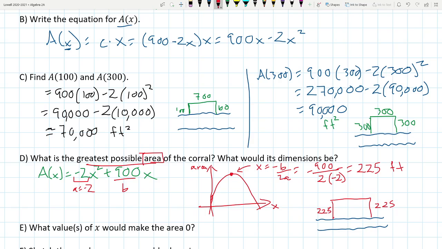On top, remember, we only have 900 feet to play with. We've already used 225 times 2, which is 450. So this piece is going to be 900 minus 450, which is 450.